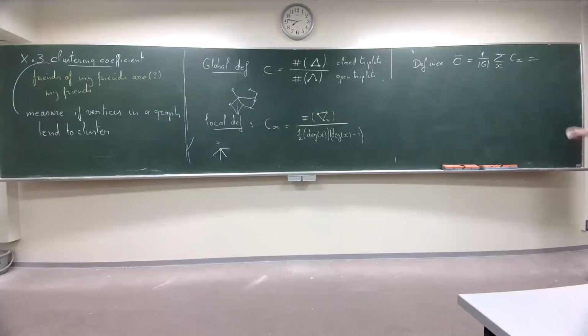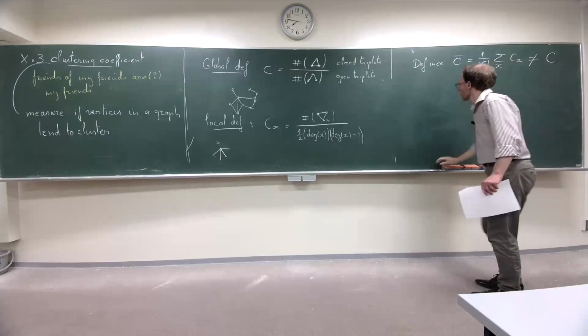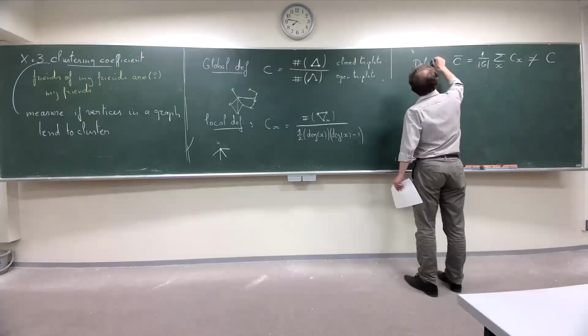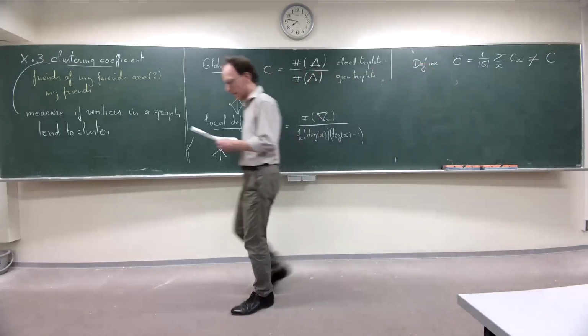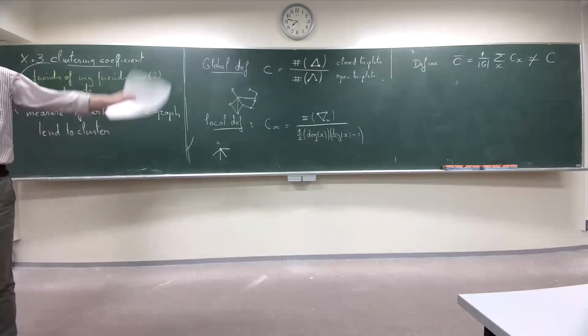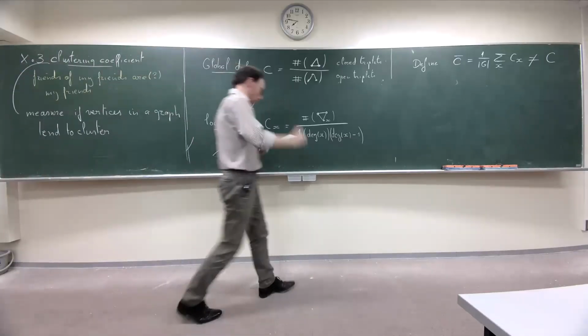You can observe that in general this is not equal to C. This is just an observation: you can define the average of the Cx by this formula, but in general these two numbers do not coincide.